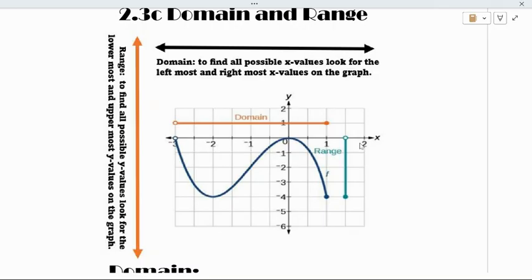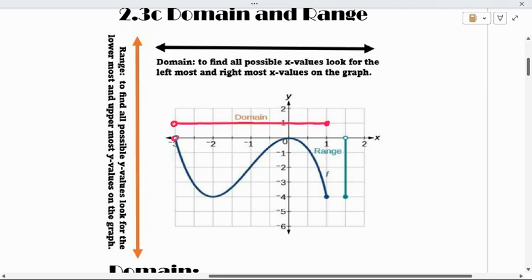I'm going to just use this example that we have right here. If I look at my graph and I go from the leftmost point to the rightmost point, notice that this has an open circle on it. Do you guys see that?